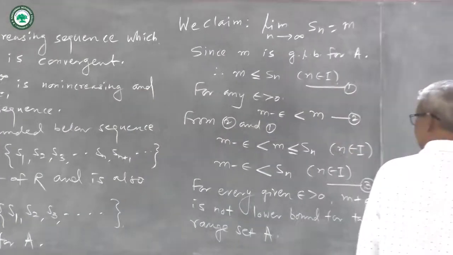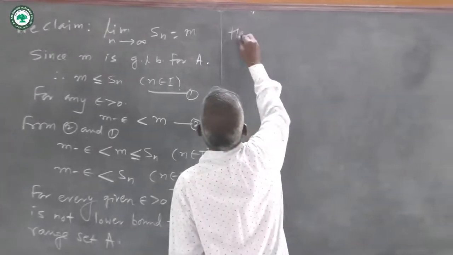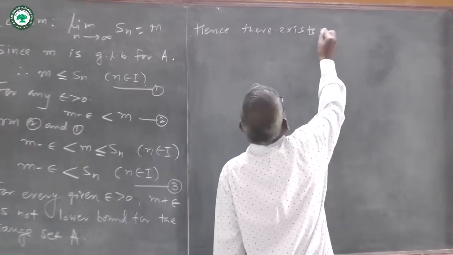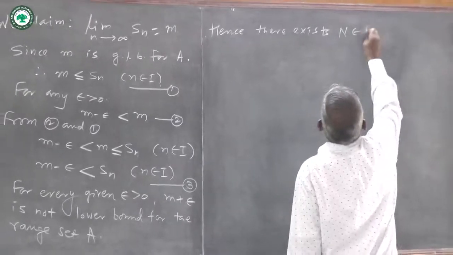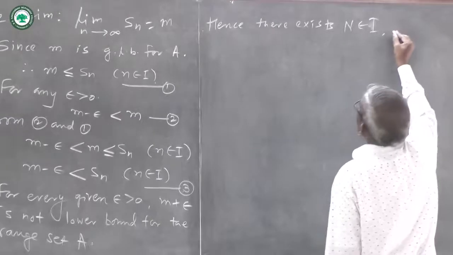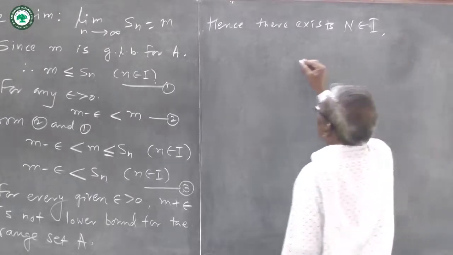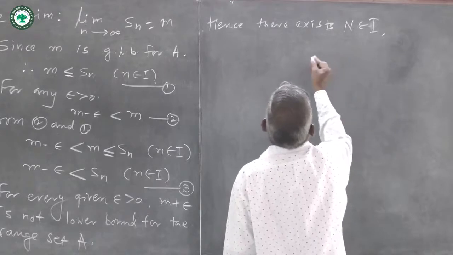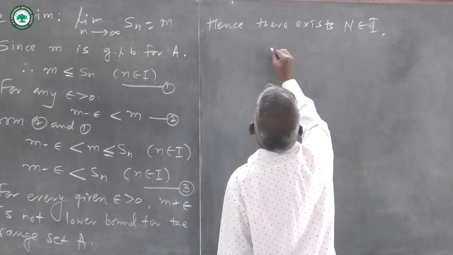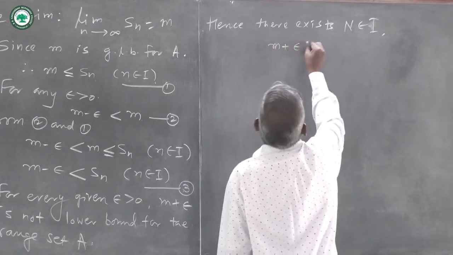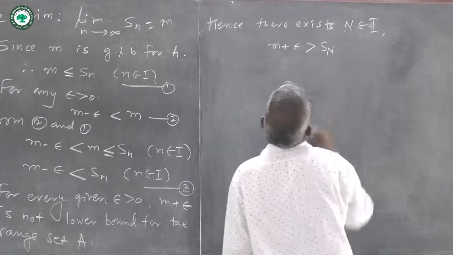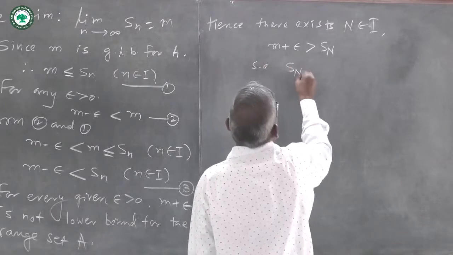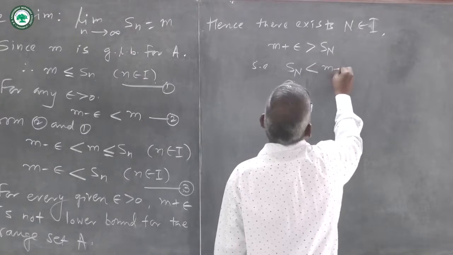Therefore, there exists a positive integer capital N, belonging to I, such that small m plus epsilon is greater than S suffix capital N. Small m plus epsilon is greater than S suffix capital N. Or we write, that is, S suffix capital N is less than m plus epsilon.